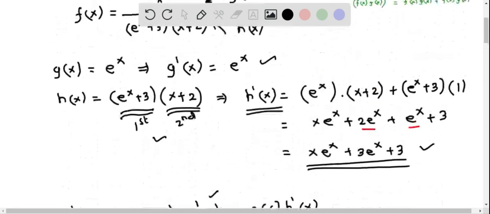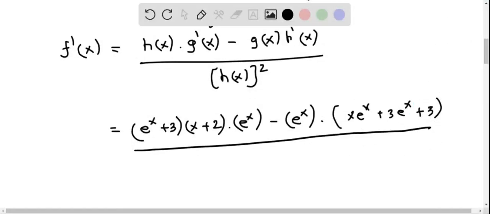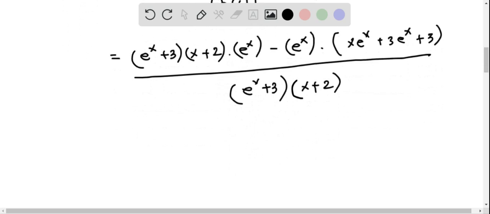Let's check h of x, which is e power x plus 3 times x plus 2. So therefore we can simplify this. First I'm going to FOIL this out, that is these two terms. So e power x times x is x e power x, and then e power x times 2 is 2 e power x.